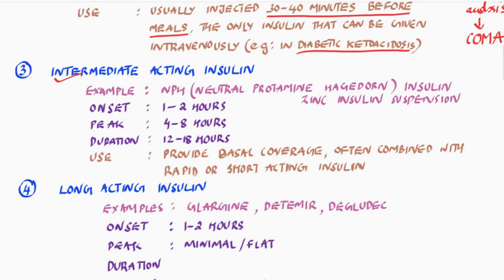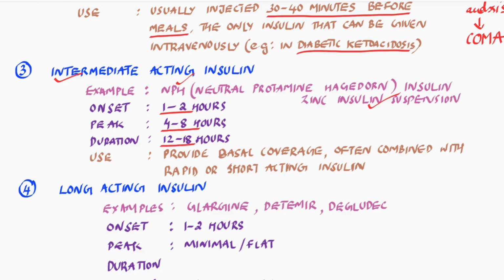And the third type is the intermediate acting insulin. The main examples here are NPH or isophane insulin. Sometimes insulin zinc suspension is also used, and its onset of action is 1 to 2 hours, and this insulin shows its maximum effect from 4 to 8 hours, and its effect lasts for about 12 to 18 hours.